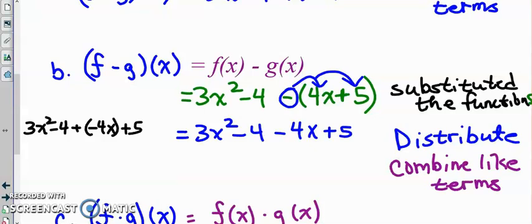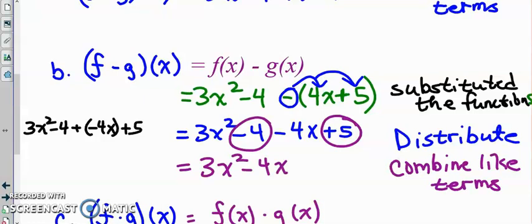Okay, so we combine like terms. Again, the only like terms that we have are the constants. Oh, sorry. I messed that up. Sorry, guys. We distribute the negative, and I made the error that a lot of people make. It should be minus 5. So negative times a positive is negative. So it's negative 5 there, and this should be minus 5 right here too.